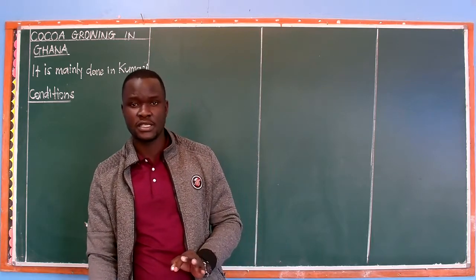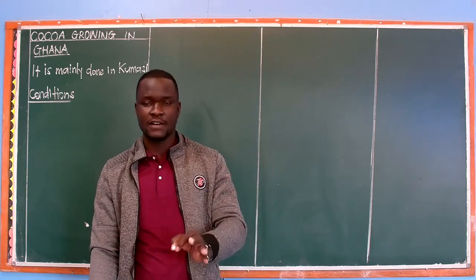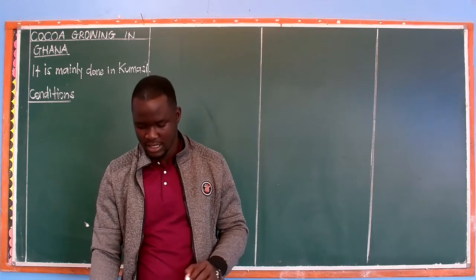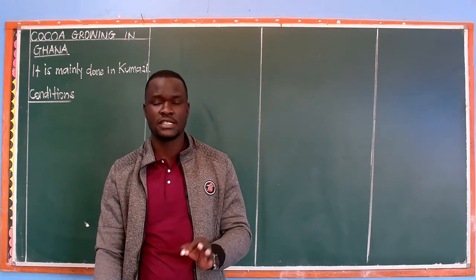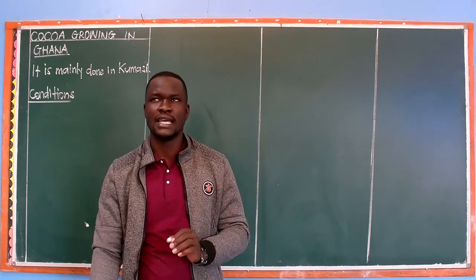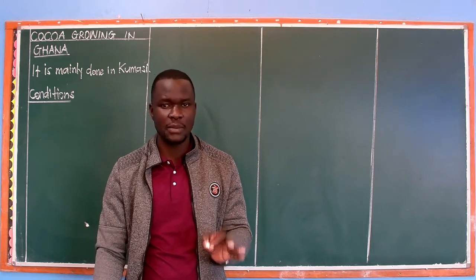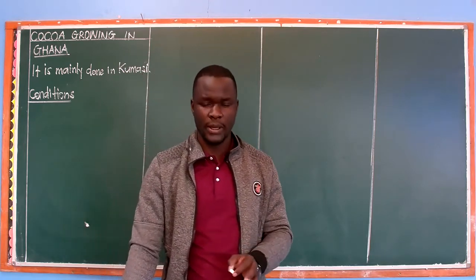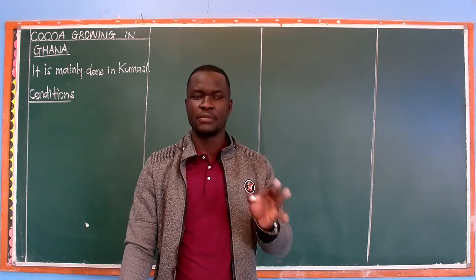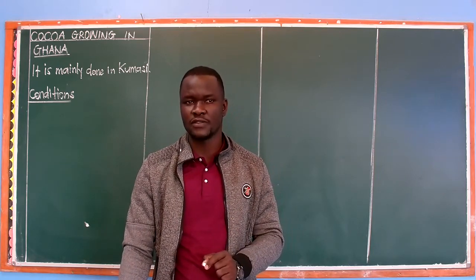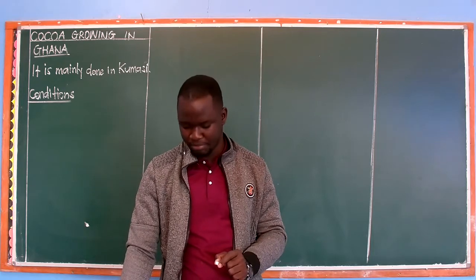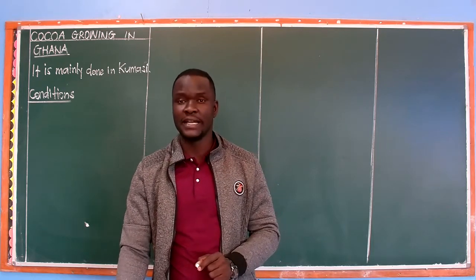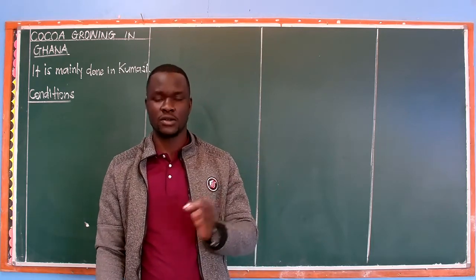The farmers who grow cocoa can sometimes face challenges, just like when we're looking at what happens in Nigeria. We say there is oil palm growing, and we had problems that were facing those farmers in Nigeria who grow oil palm. You will find that these problems cut across.